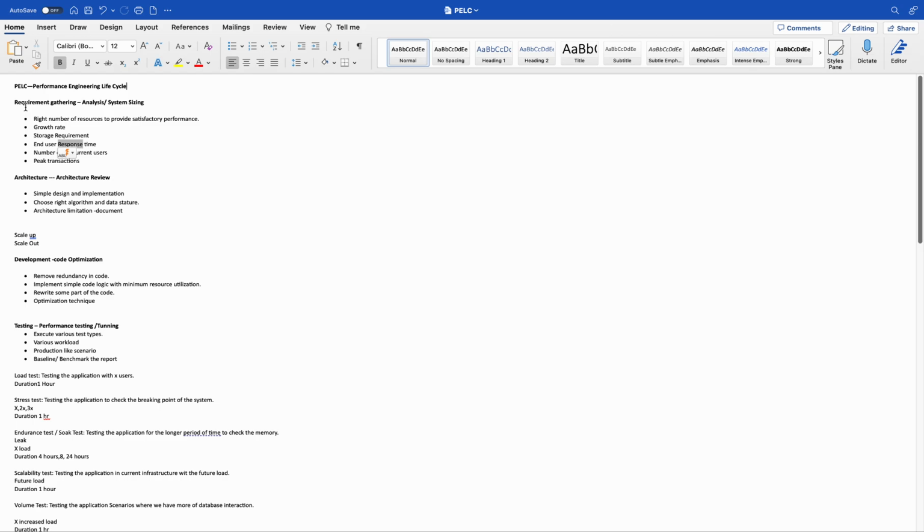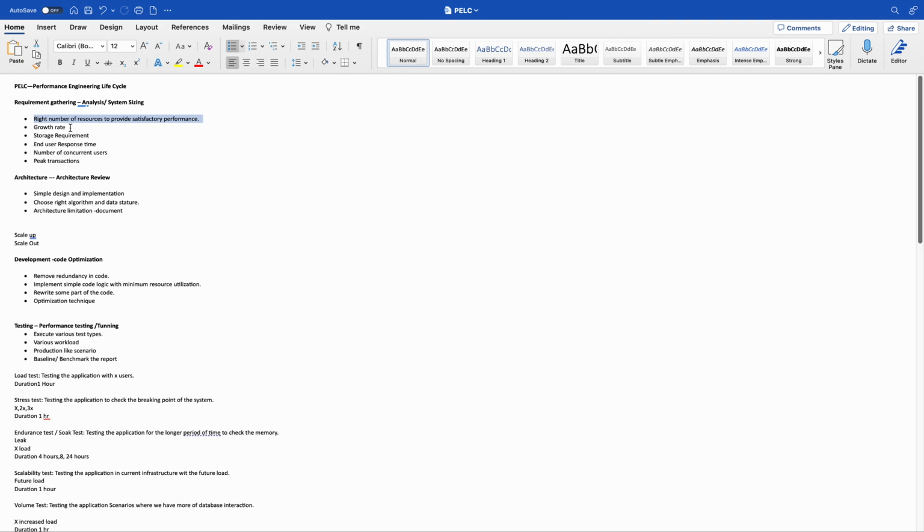The first one is requirement gathering, analysis and system sizing. As performance engineers, we need to focus on requirement gathering: what the non-functional requirements are and what the business critical transactions are. We should have the right number of resources to provide satisfactory performance.